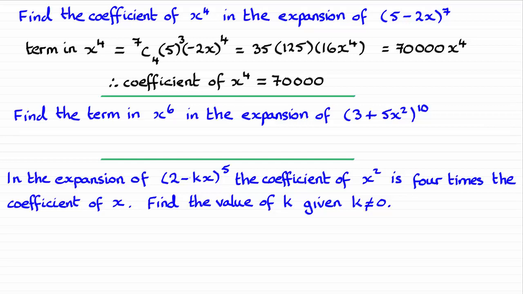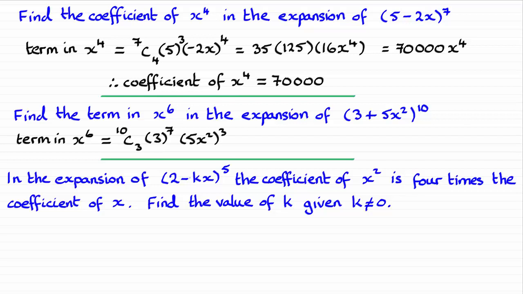So when it comes to that term in x to the power 6, we take the 5x squared and cube it. And what that means is that we're going to have n, which is 10, C, and then that power there, 3. And now we've got to take this 3 here and raise that to a power, and we've got the sum of 3 and something gives 10, so it's got to be 7.